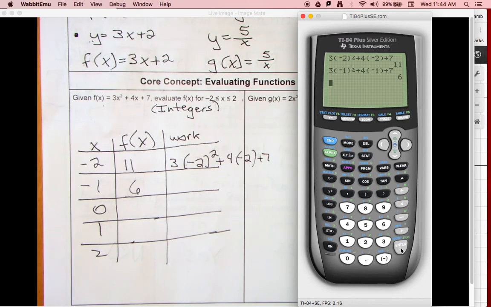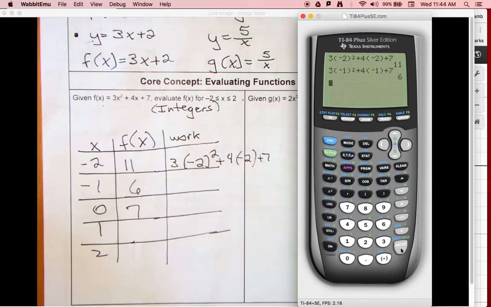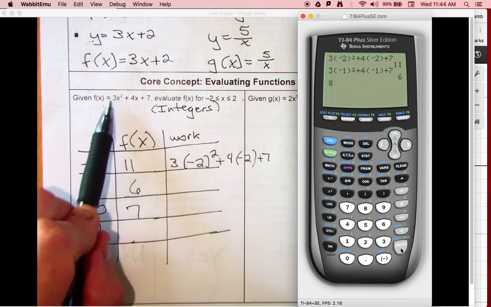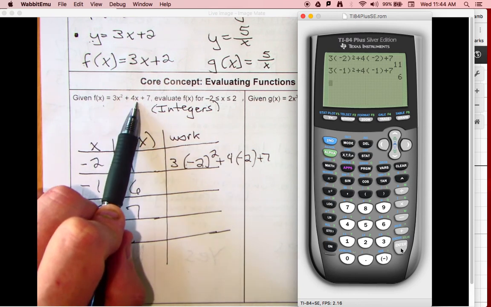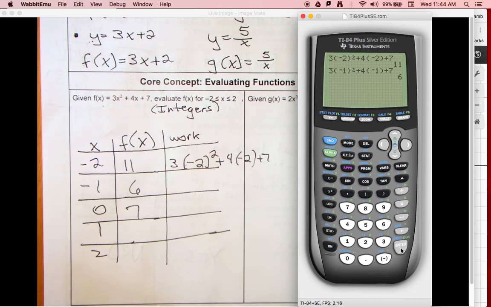For 0, it's going to be 7. How do I know that automatically? Well, plug 0 in there, that whole thing's 0. Plug 0 in there, that whole thing's 0. And I just got 7. Little shortcut for you. For 1, hit second and enter. And I'll hit the delete key to get rid of that negative. Okay, difference between delete and clear.